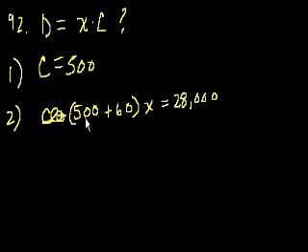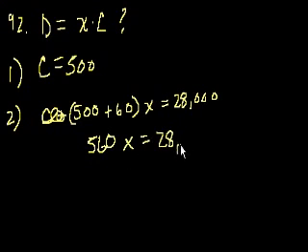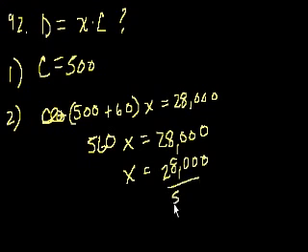Well, we definitely have enough information now to figure out x if we use statement number 1. I just want to be careful to make sure that we can't solve this just with statement number 2. If I just said 560x is equal to $28,000, then x is equal to 28,000 over 560.